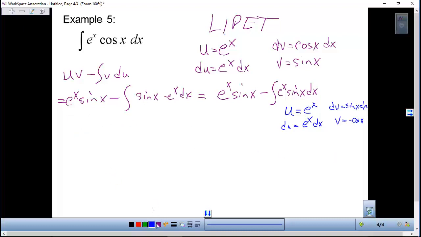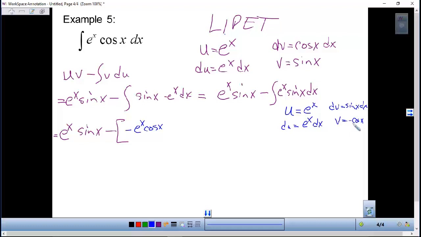All right, so when we plug everything in, we're going to have e to the x sine x minus, and then this is where we put all this stuff right here in. So let's change colors here. And we've got u times v. So we got negative e to the x cosine x.